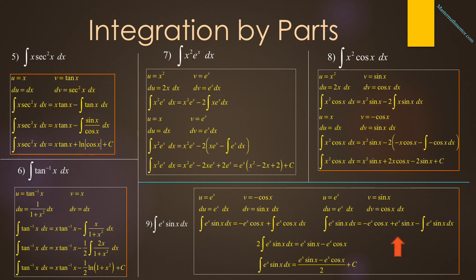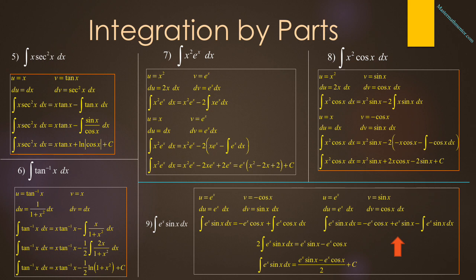Now let's concentrate on the integral of e to the x cosine x dx. We will set it up the same way. We let u equal e to the x and du equals e to the x dx. We'll let dv equal cosine x dx and therefore v equals sine x.